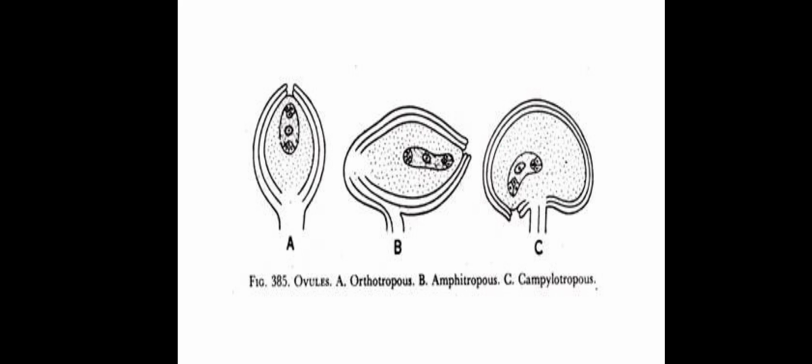And C is campylotropous, where the axis of chalaza and funicle is the same, whereas the axis of the embryo sac is curved and the micropyle comes towards the chalaza or funicle. So these are the three different types of ovules we can see.